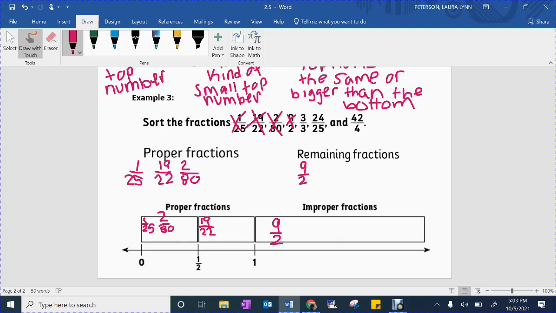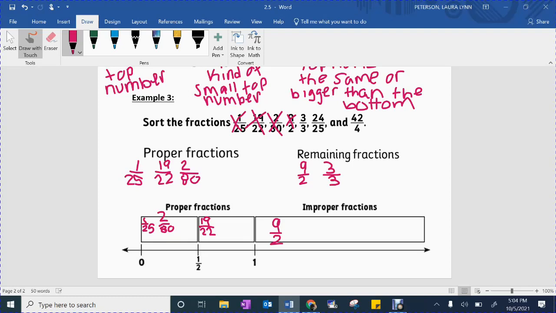Next one is 3/3. Well, let's see. The top number is the same as the bottom. And if it's the same, well, that's improper. So I can put that on the other side, this remaining fraction side. Let's label it 3/3.